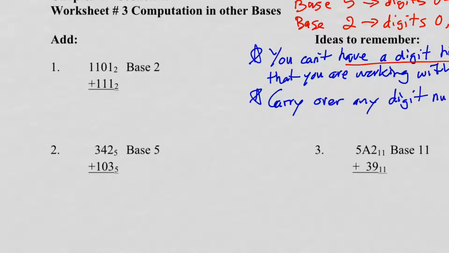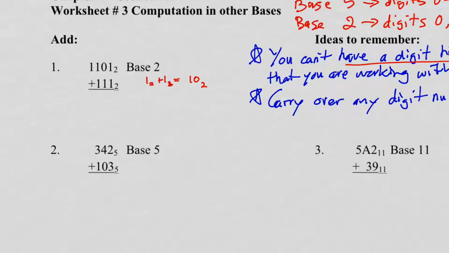Number 1, we have 1 plus 1. I'm putting base 2 just to remind us that we're working in base 2. So 1 plus 1 is not the numeral 2; we have a complete set of 2. This is one set of 2's, no remainder.